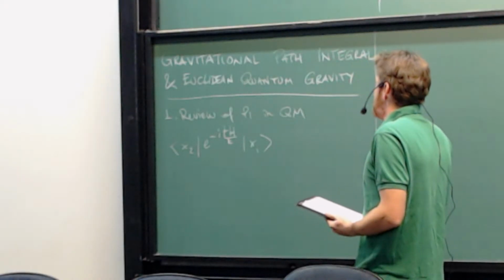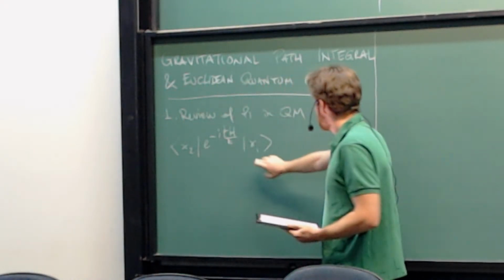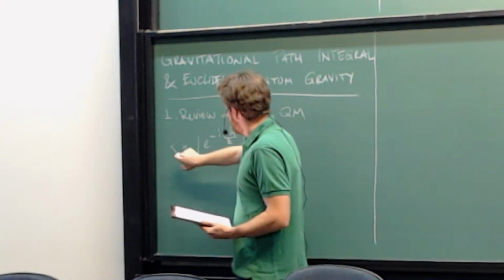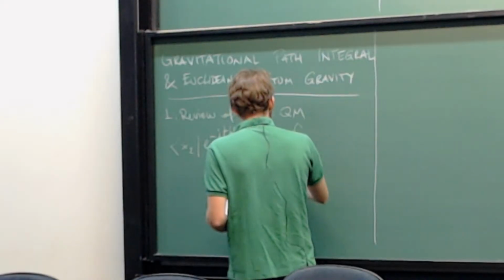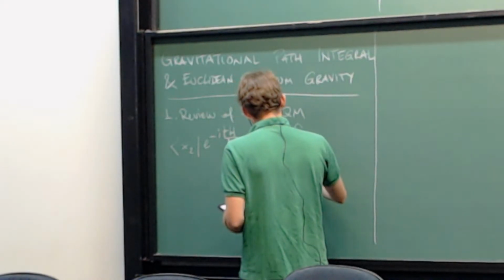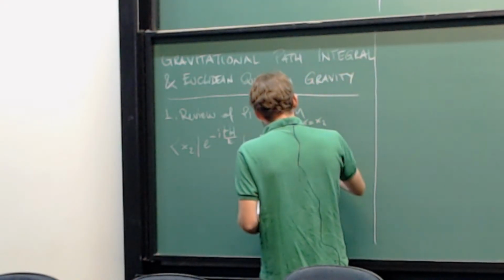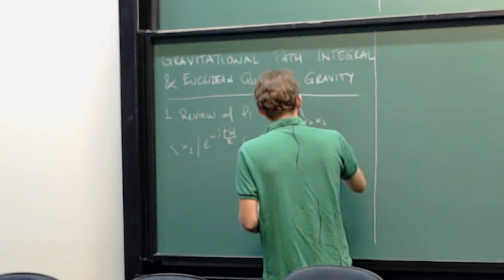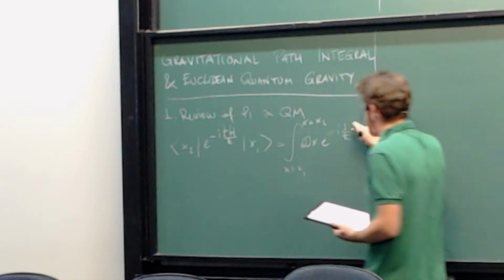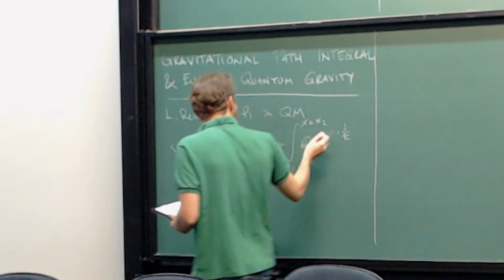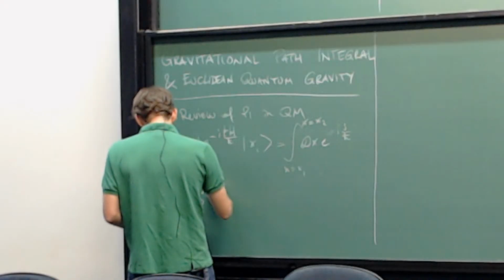So the idea of Feynman was that in order to compute the probability amplitude that a particle at position x1 after a time t is at position x2, is to actually sum over all the paths between x1 and x2, each weighted by the action computed on the path, where S is the action.